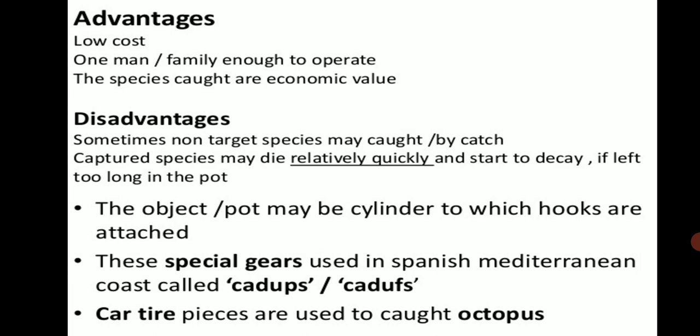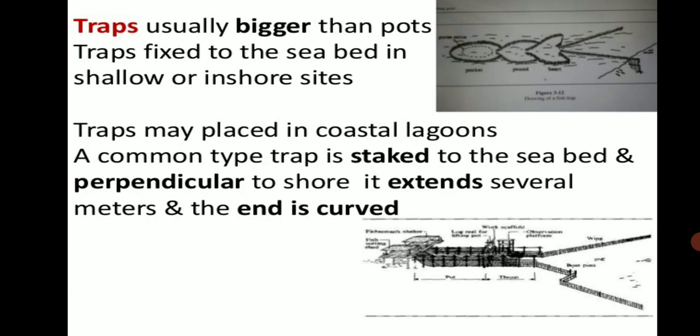The object in the pot may be a cylinder to which hooks are attached. These gears are used on the Spanish Mediterranean coast. Car tire pieces are used to catch octopus.